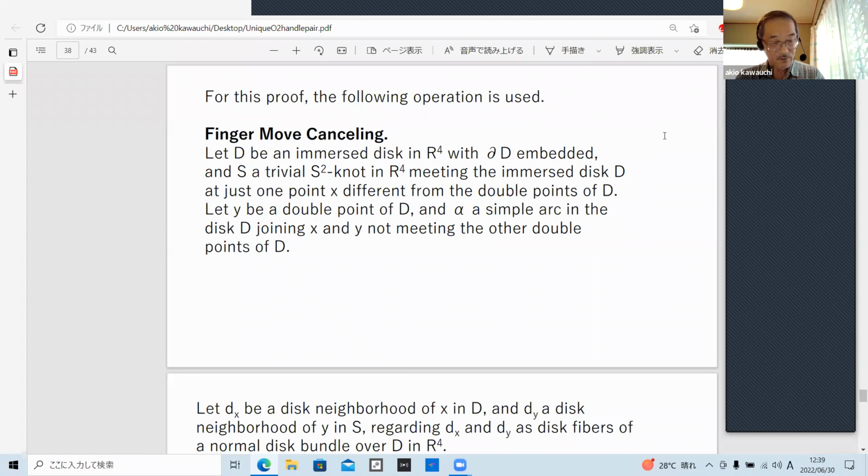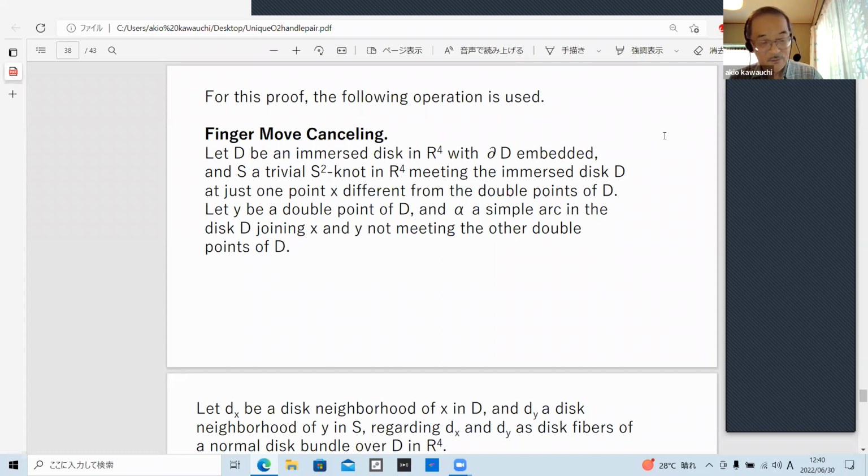Under this, at the point of the two sphere, there is a normal fiber disk of some line on the disk, so just a fiber tube.